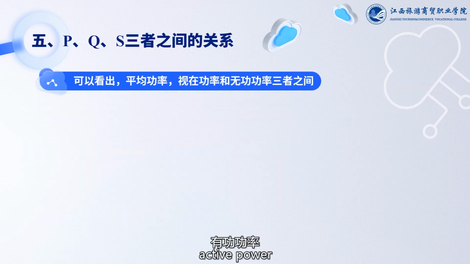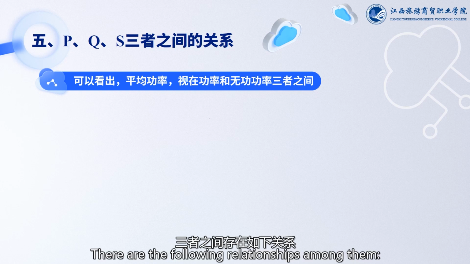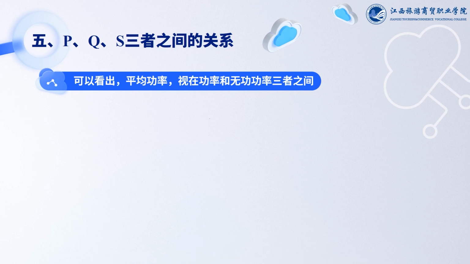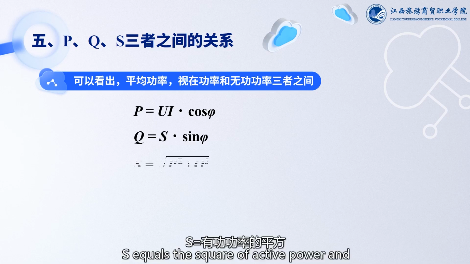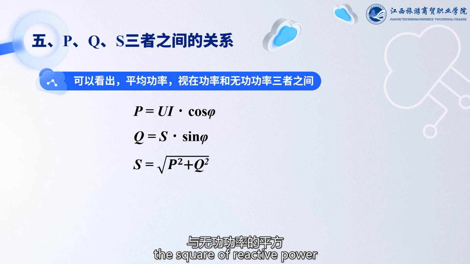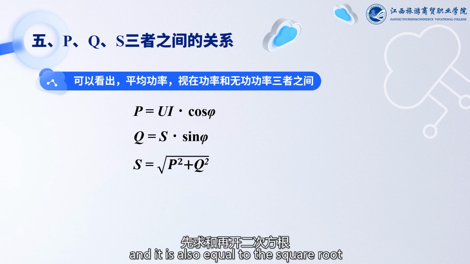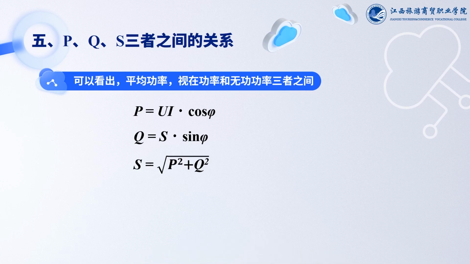In conclusion, active power P, reactive power Q, and apparent power S have the following relationships among them. P equals UI cos φ equals S cos φ. Q equals UI sin φ equals S sin φ. S squared equals the square of active power plus the square of reactive power, so S is also equal to the square root of the sum of their squares.